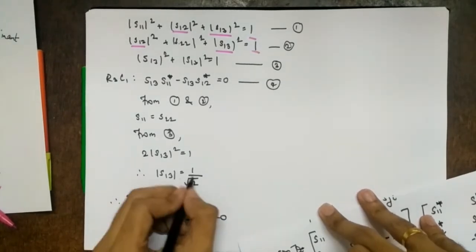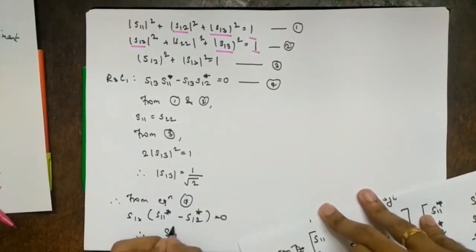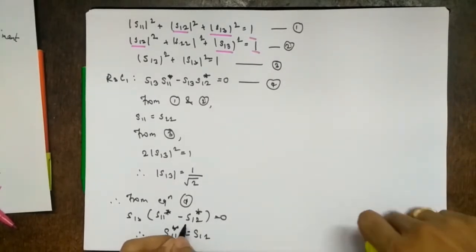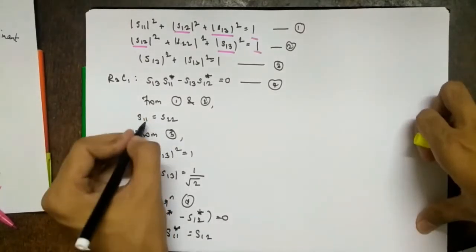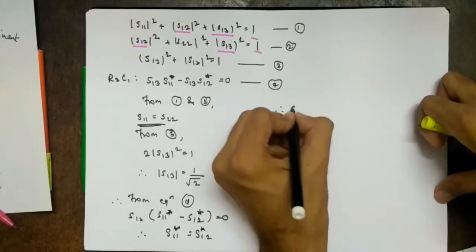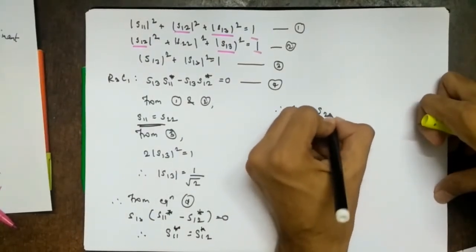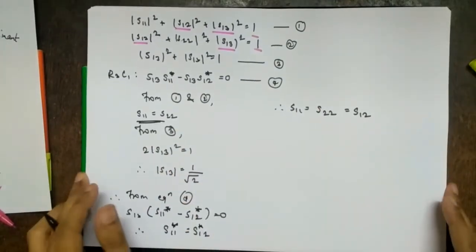You know S13 we have just proved is 1 by root 2, so therefore this has to be 0. Therefore S11 conjugate equal to S12. And we already know S11 is S22, we have proved here. Therefore S11 equal to S22 equal to S12.